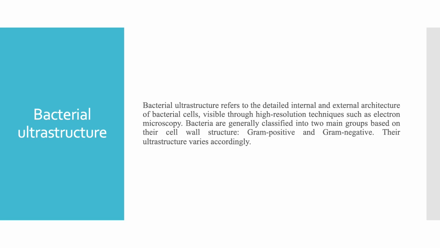One layer of peptidoglycan is situated between two layers of periplasmic space, and the last one is the cytoplasmic membrane. As a result, the entire cell wall of gram-negative bacteria will be much thinner than just the layer of peptidoglycan in gram-positive bacteria.